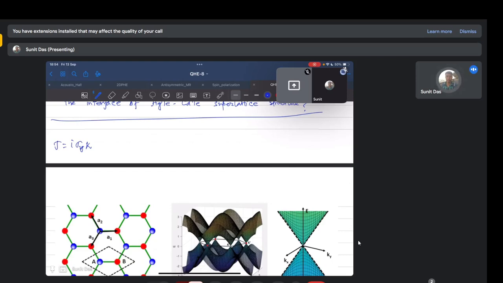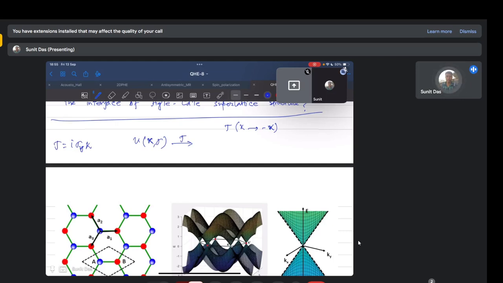Now the point is, you have some wave function u, a function of k and sigma. k is the Bloch momentum, and sigma is the spin associated with that wave function. Now what will happen under tau? Under tau, k goes to minus k, since under time reversal the motion reverses, or that's how we define the time reversal operator.